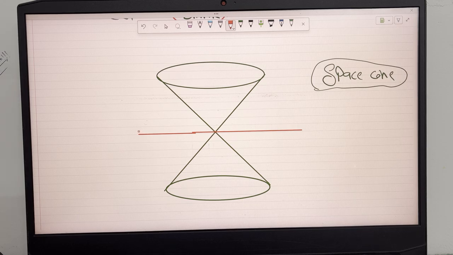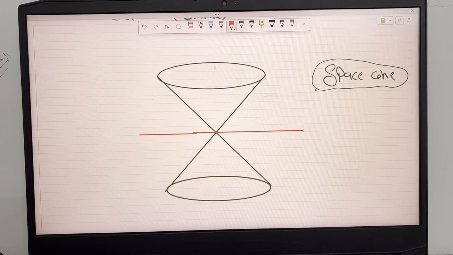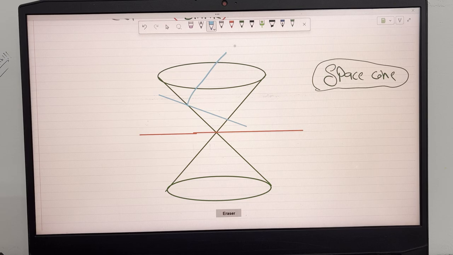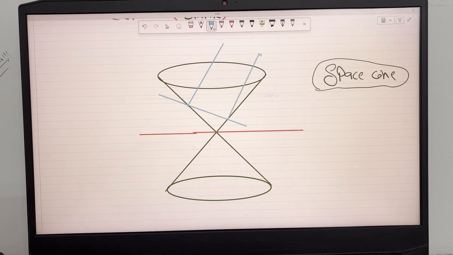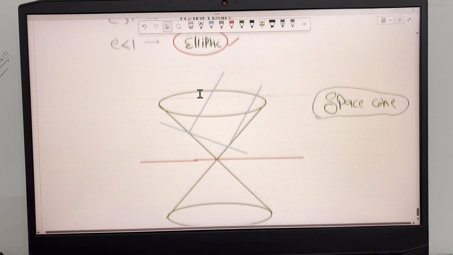Now see, if you cut this cone at some angle, by this, let's see, this will be your ellipse.